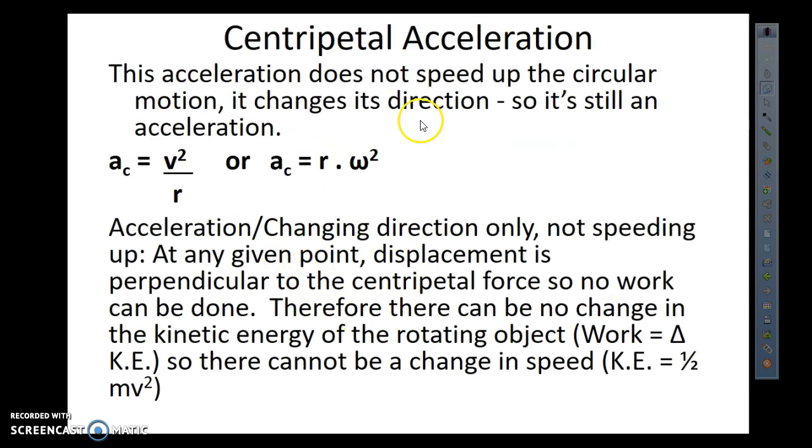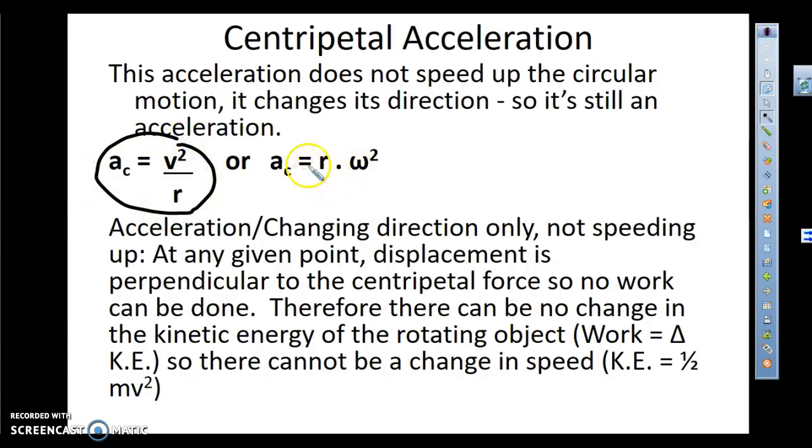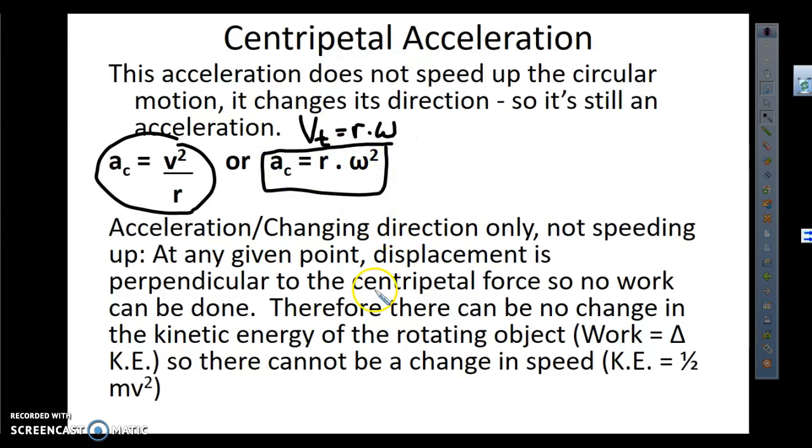angular. Now, from chapter 5, because we just did this formula we used in chapter 5, we can make some substitutions, and we also have this formula as well. But centripetal acceleration, unlike tangential acceleration, is toward the center.